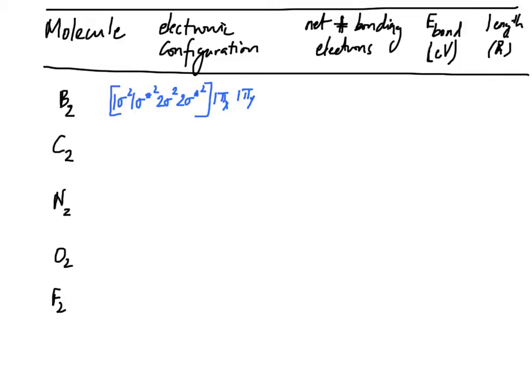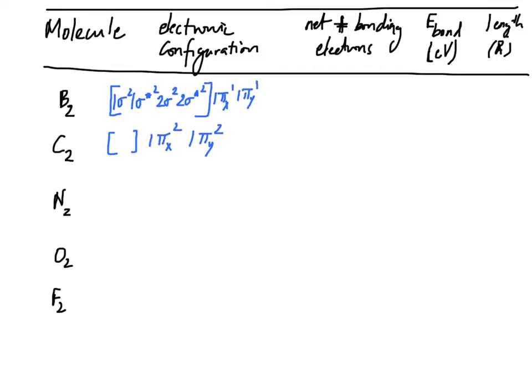Whereas in the case of C2, those 2 levels will take on 2 electrons each. So there it is for the carbon dimer. 1 pi x2, 1 pi y2 are the valence molecular orbitals. And I've omitted the stuff in the square bracket, but it's exactly the same as what we have for B2.